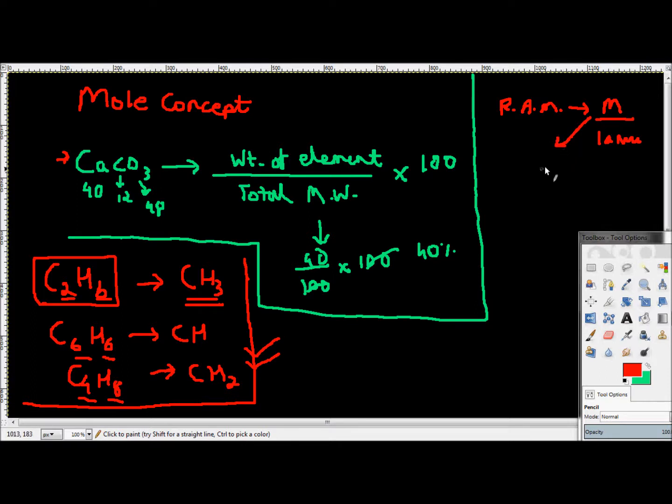Now if they ask you relative molecular mass, that means it's the same thing except the mass in the numerator will be the mass of a molecule. So say over here you had O, then over here you'll have O2.